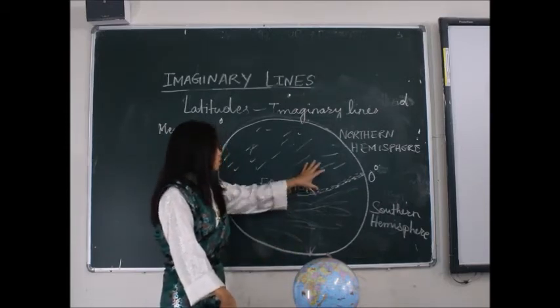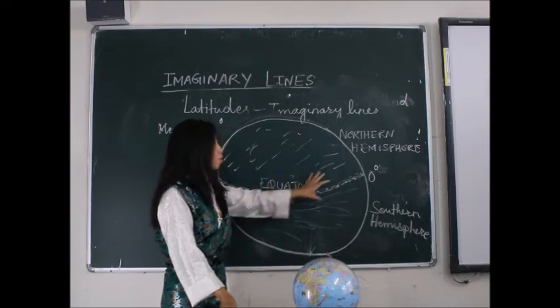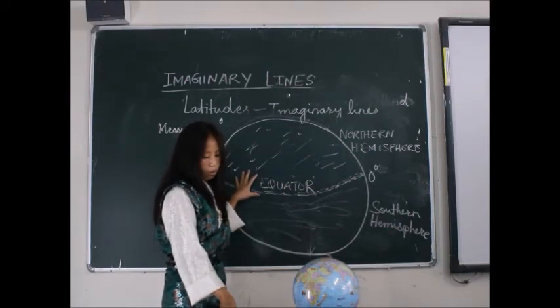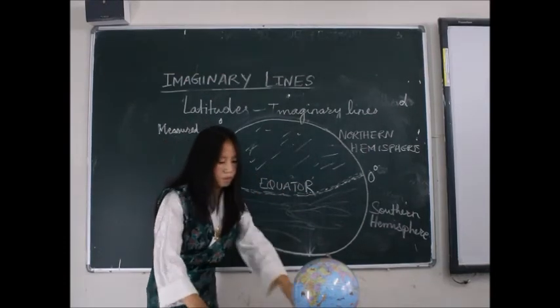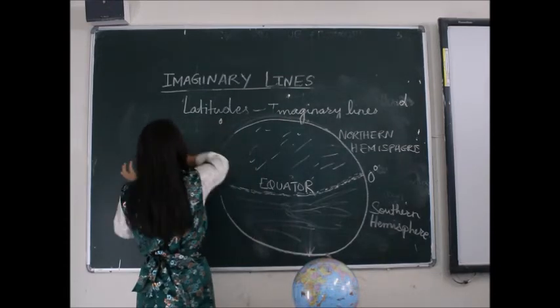So the equator is one of the latitudes. It divides the earth into two halves. We have to remember that the equator is the longest latitude. Okay, let's move to the next point.